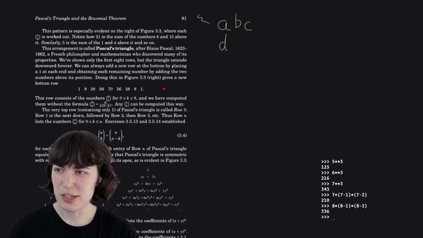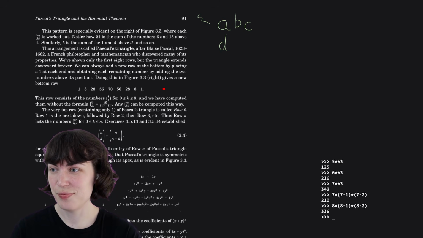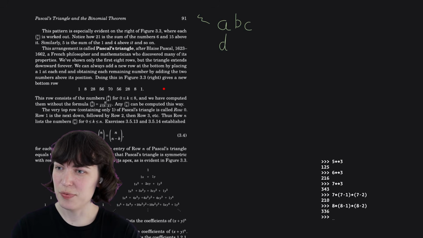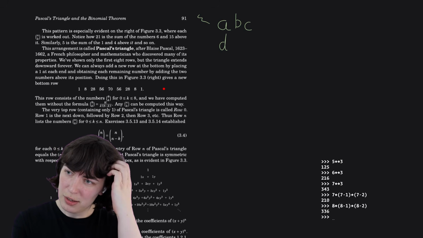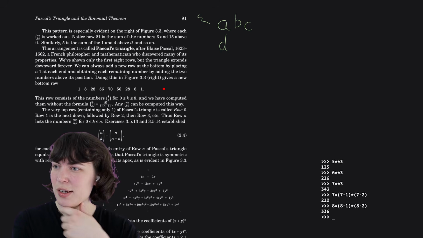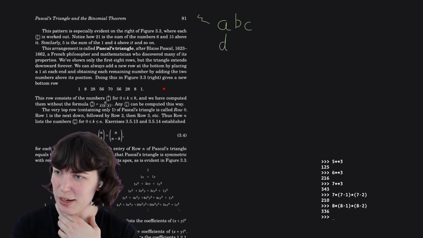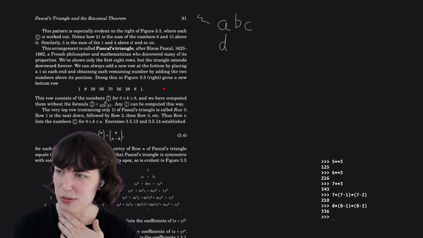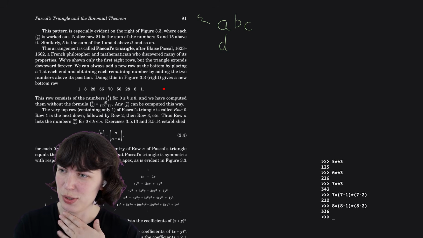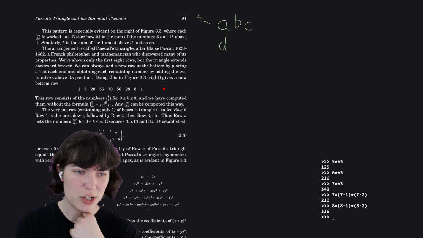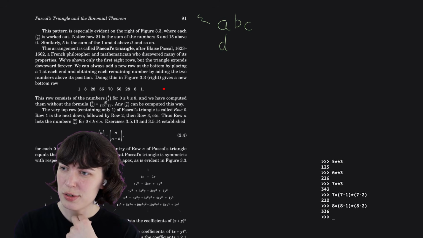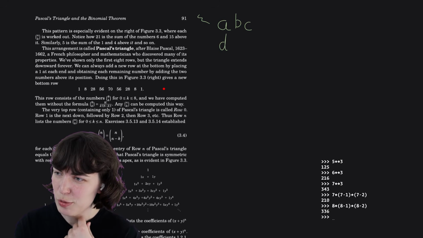We've shown only the first 8 rows, but the triangle extends downward forever. We can always add a new row at the bottom by placing a 1 at each end and obtaining each remaining number by adding the two numbers above its position. Doing this in figure 3.3, which I guess would be on the right if this was a real book, gives a new bottom row.